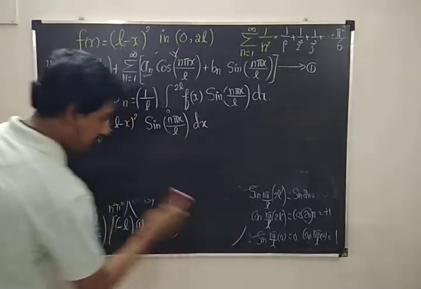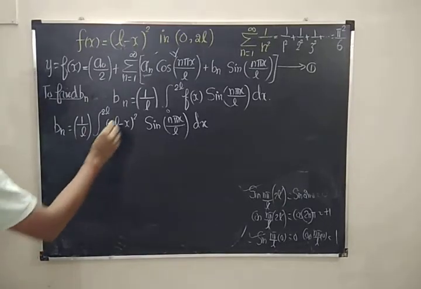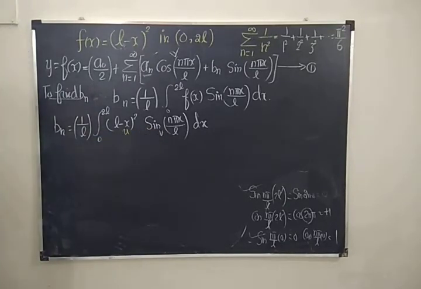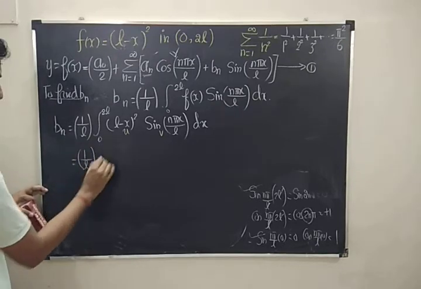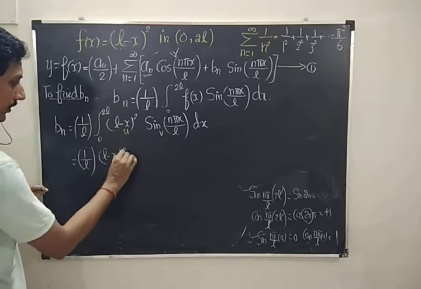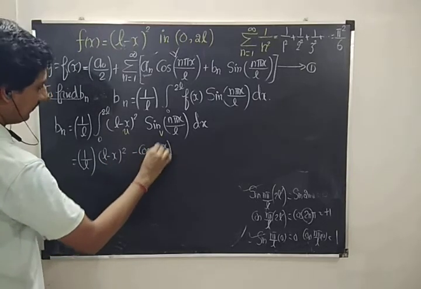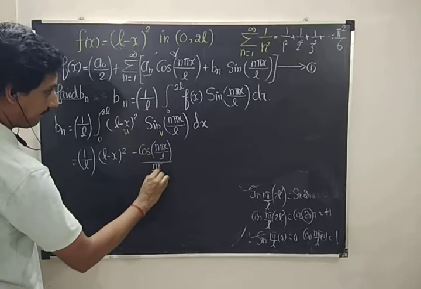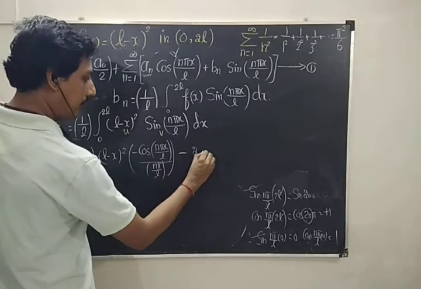Use the Bernoulli formula. Let us use the Bernoulli formula. This is the u, this is the v. So Bn is equal to 1 by L, (L minus x) whole squared, sine integration is minus cos n pi x by L over n pi by L, minus, formula minus, 2 into (L minus x).